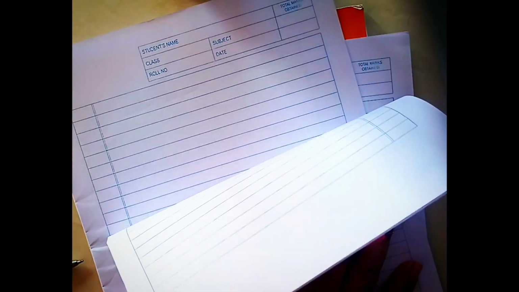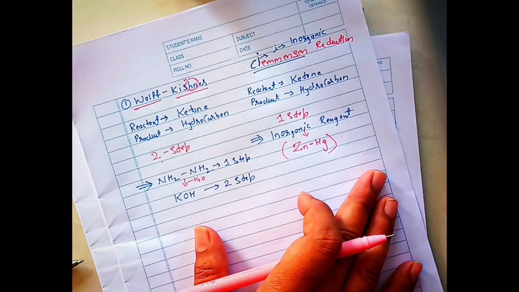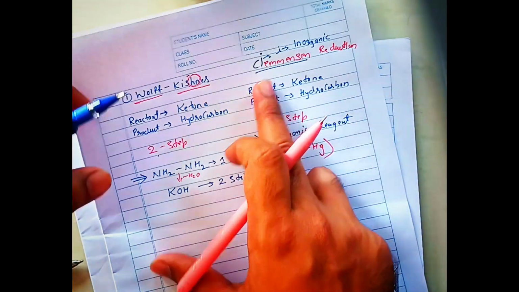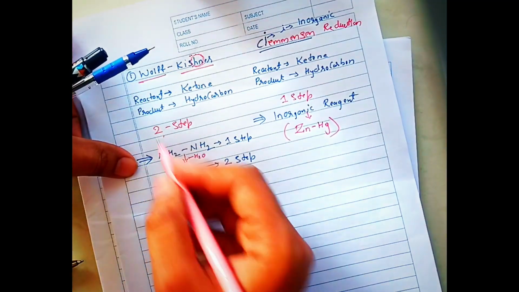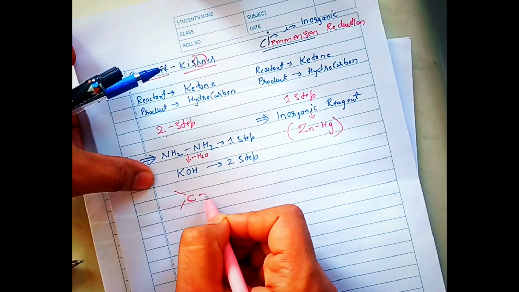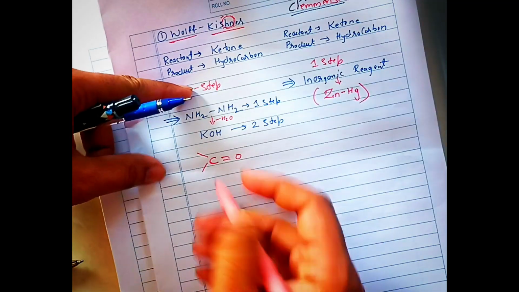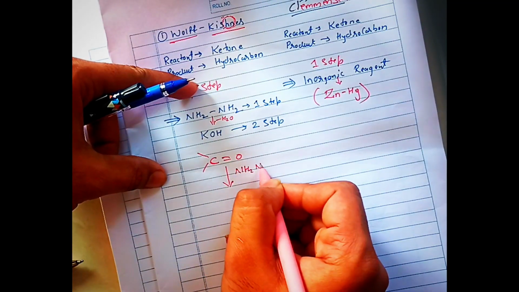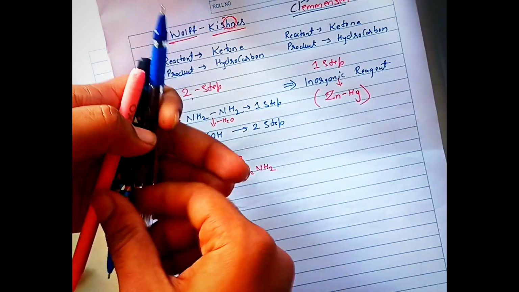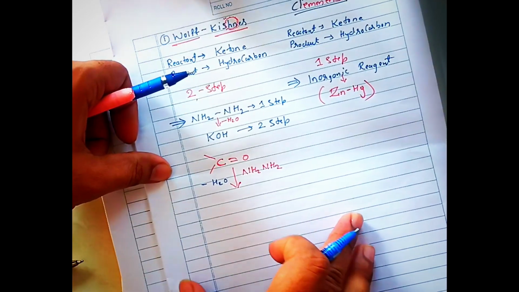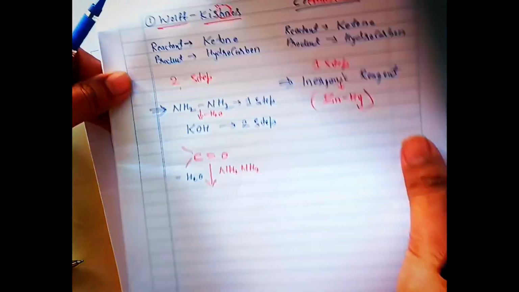Okay, so it will be easier now to solve the Wolff-Kishner and Clemmensen reduction. Now we can solve the Wolff-Kishner reduction. Here we take the ketone, then we add NH2NH2, and by this we can remove water.